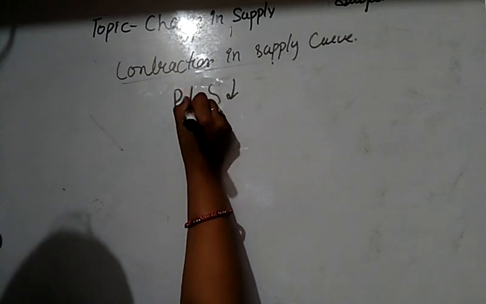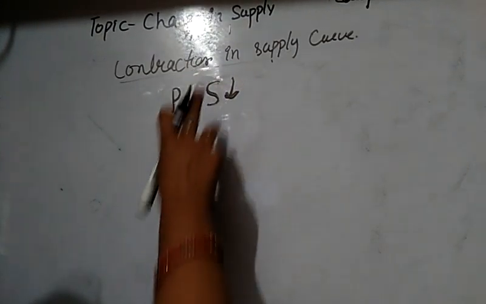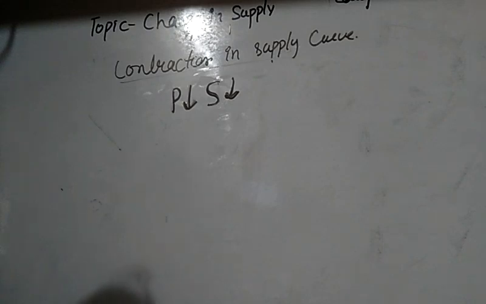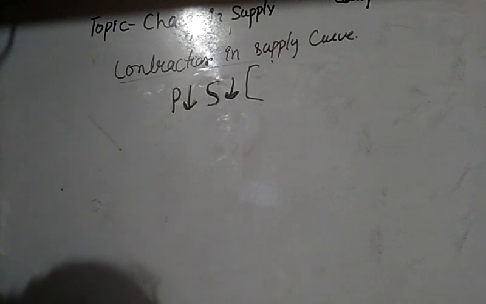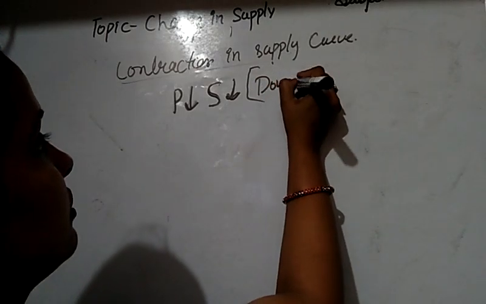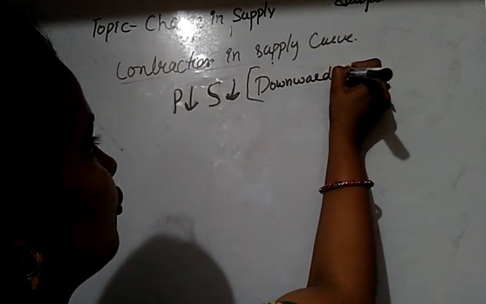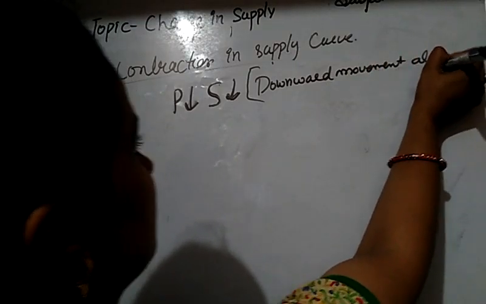Price decreases, supply of the product also decreases. This leads to contraction in the supply curve. It is also called downward movement along supply curve.